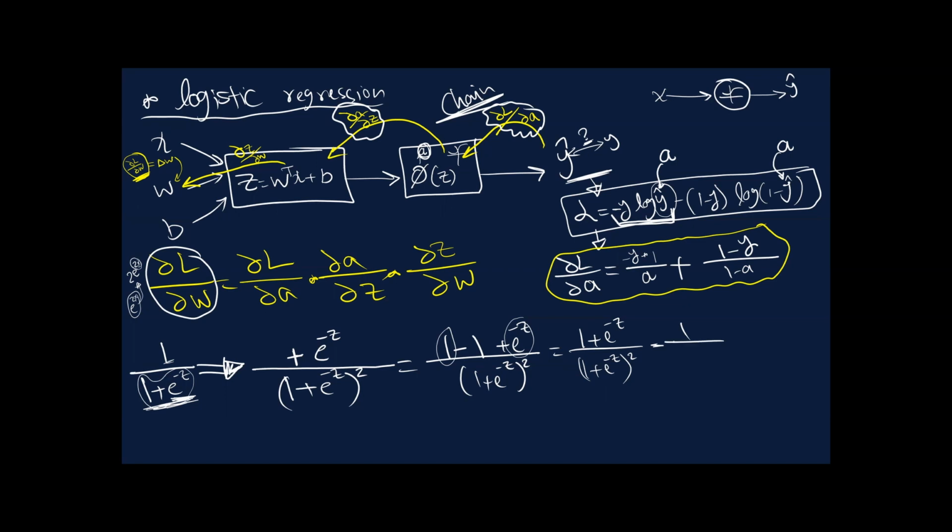This removes the square, and we end up with 1 over 1 plus e to the power of minus z, minus 1 over 1 plus e to the power of minus z squared.